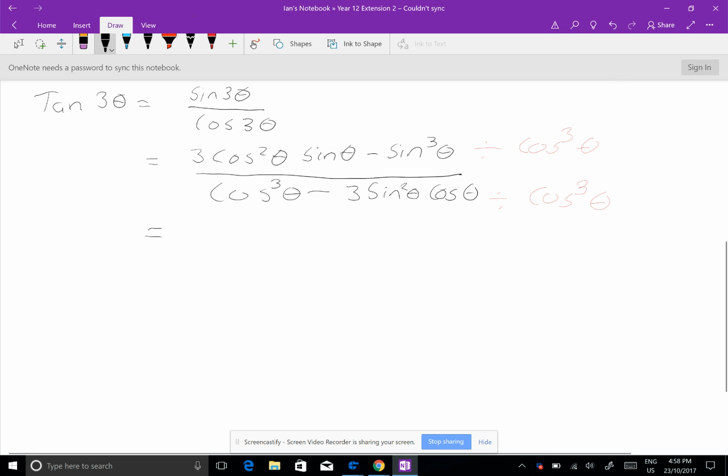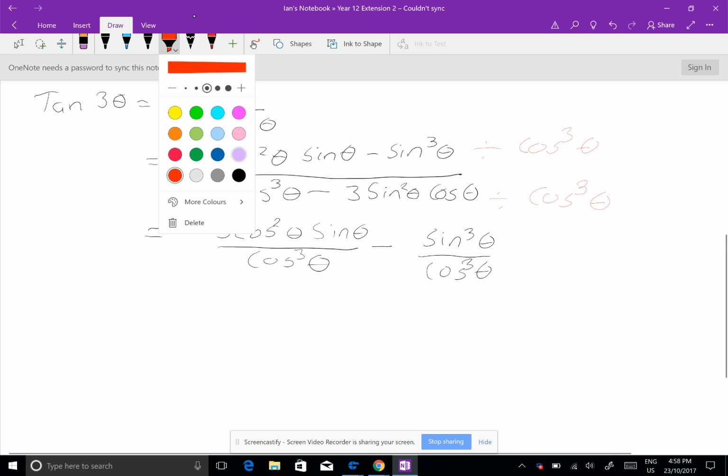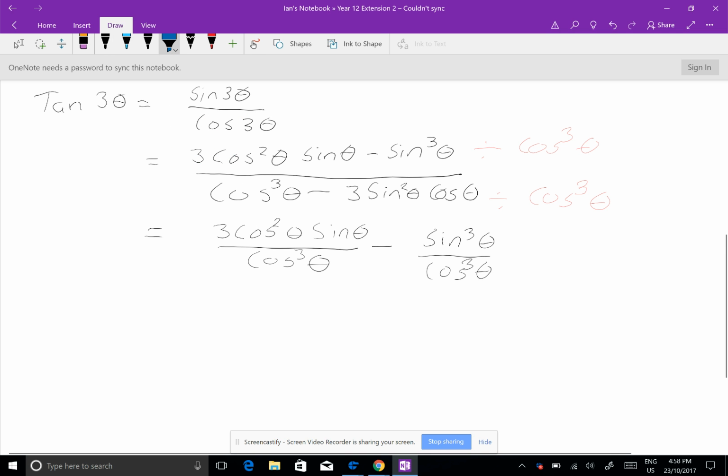So on the top, I get 3 cos squared theta sine theta over cos cubed theta minus sine cubed theta over cos cubed theta. And that's the numerator. There's my vinculum.